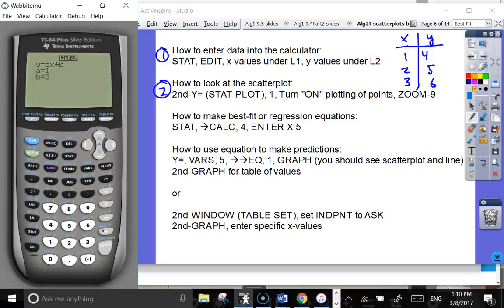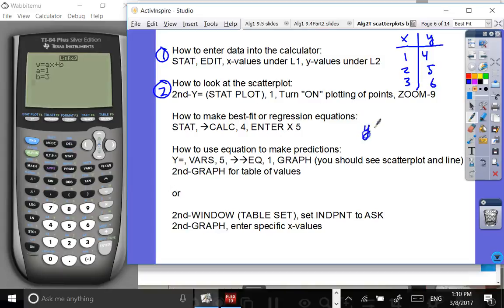You could say mx plus b, but they're always going to start with an a. And then they've given you the values for the constants. So in this case, this is y equals 1x plus 3. Okay, that was step 3.